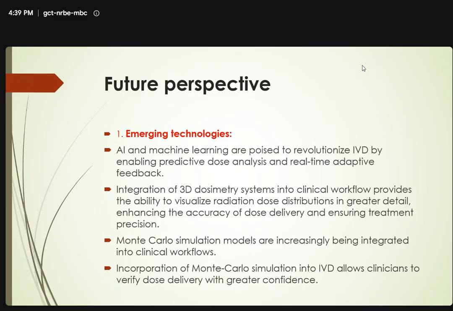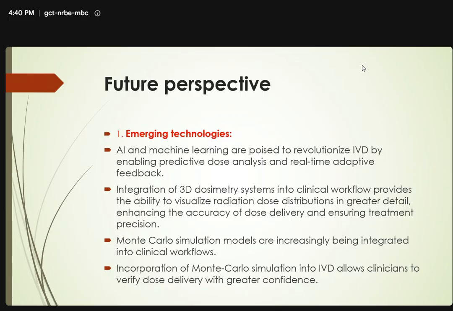Integration of 3D dosimetry systems into clinical workflow provides the ability to visualize radiation dose distribution in greater detail, enhancing the accuracy of dose delivery and ensuring treatment precision.